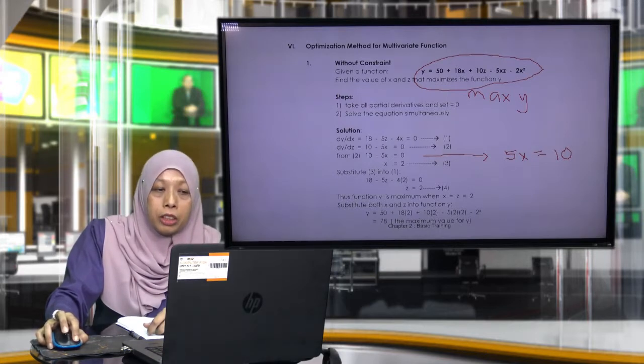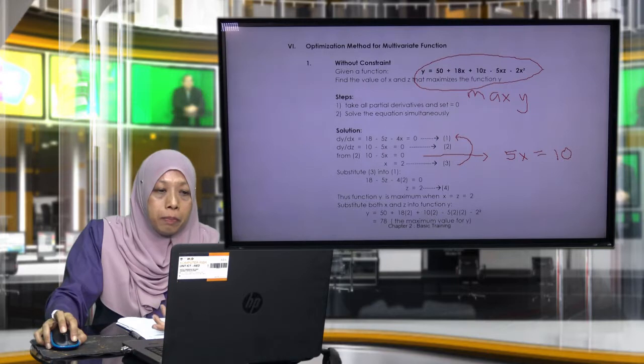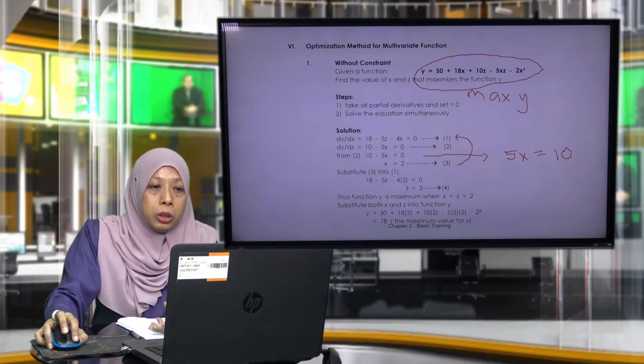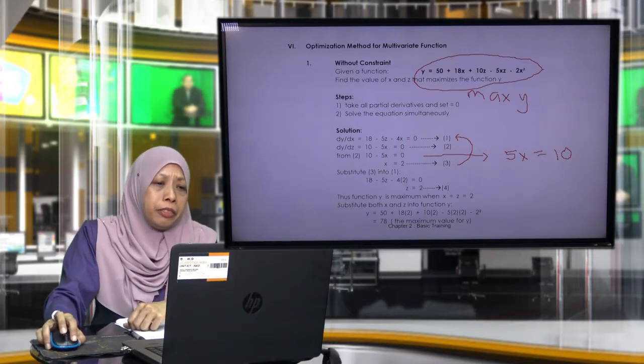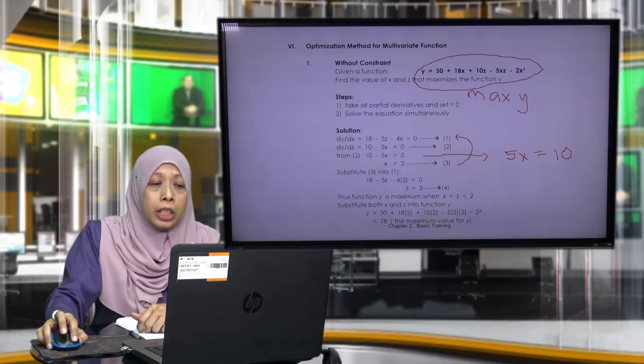Once you have found the value of x, definitely you can find the value of z. How are you going to do that? Simply by substituting this value into the first equation, and you're going to end up getting z equals 2. So if you want to maximize your y function, in this case your profit function, you have to make sure that x equals 2 and z equals 2.